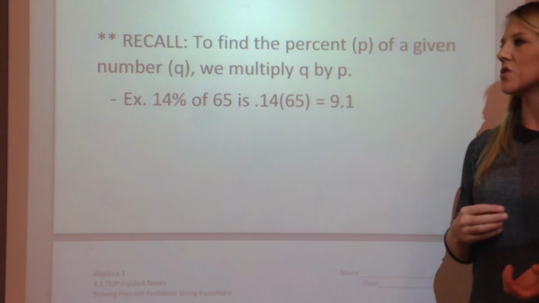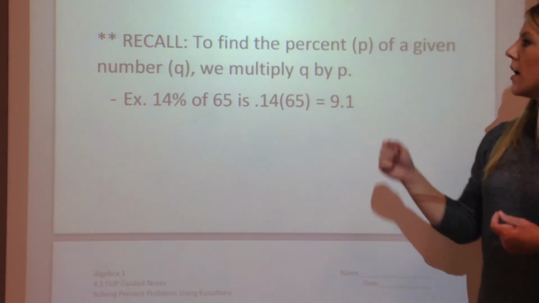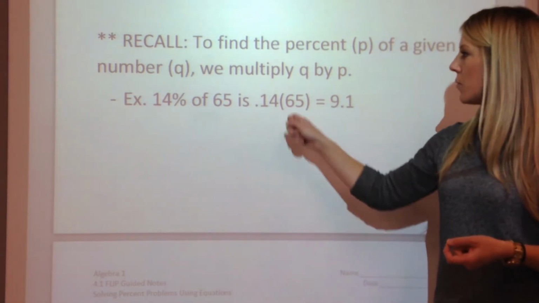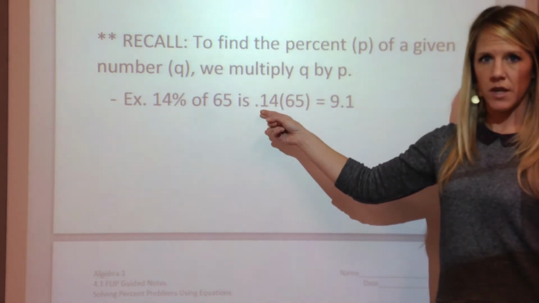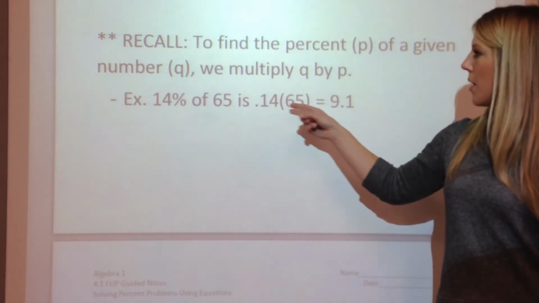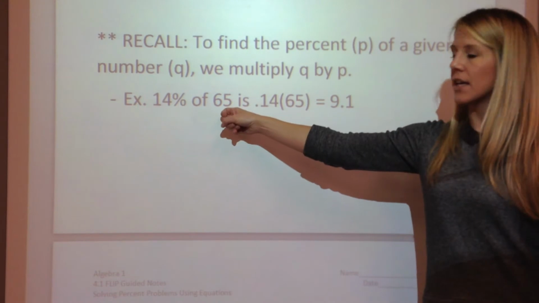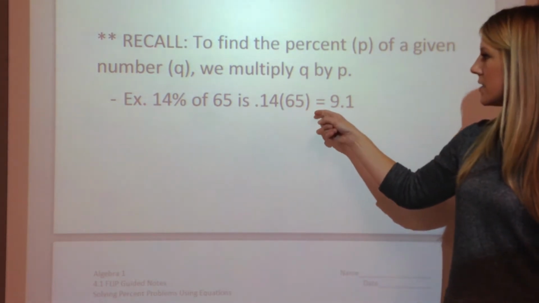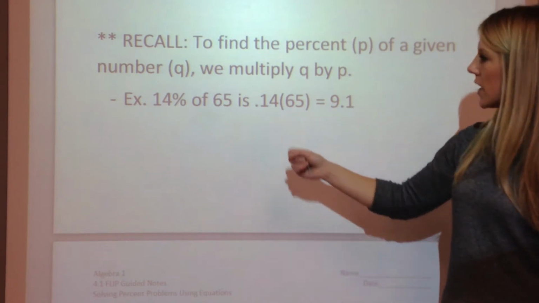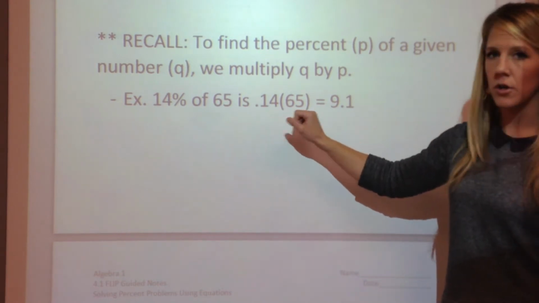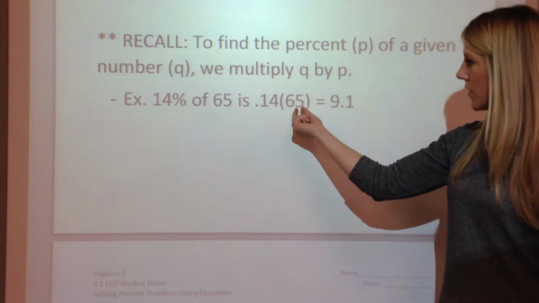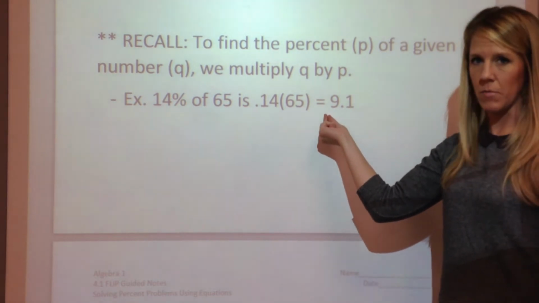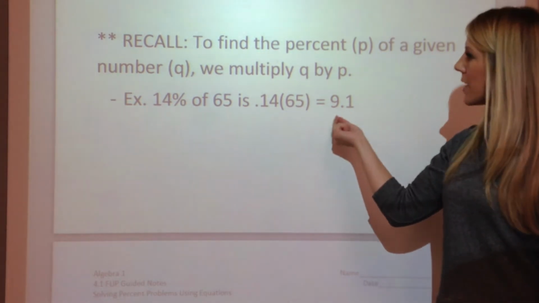So if I say 14% of 65, the way I can figure that out is I take 14%, so 14 out of 100, 14 divided by 100 is 0.14, multiply it by that given number, the 65. So 14% of 65 is 9.1. So again, 14% of, notice we're representing that with multiplication, the given number 65, is, math is equals, 9.1.